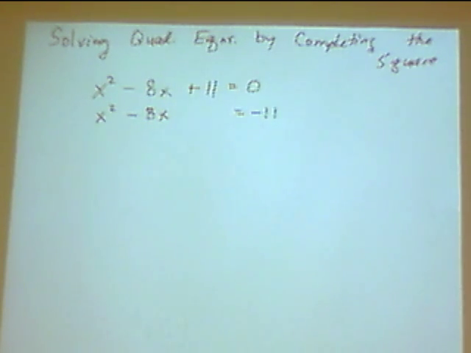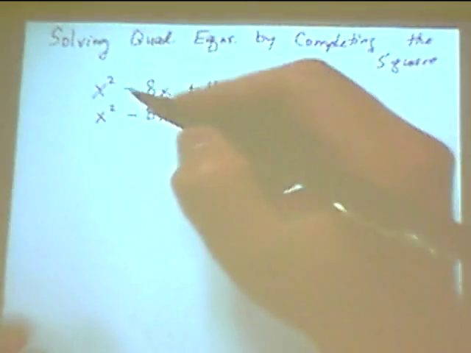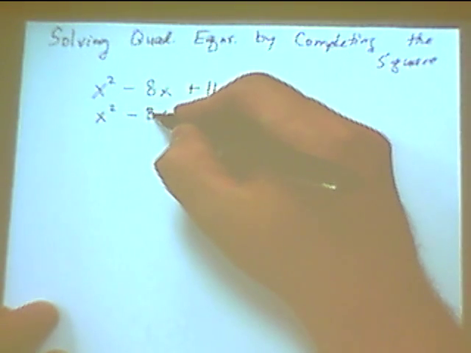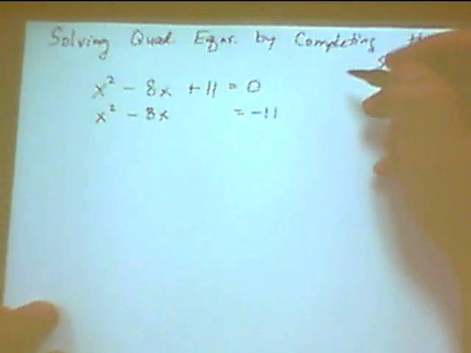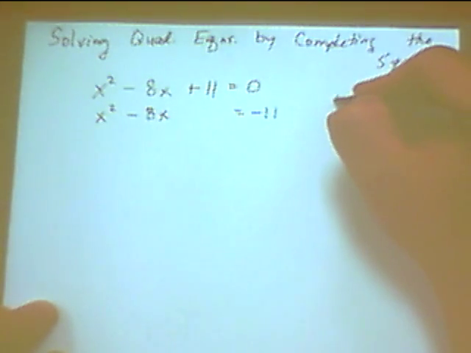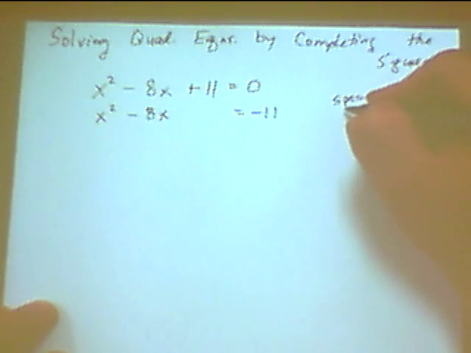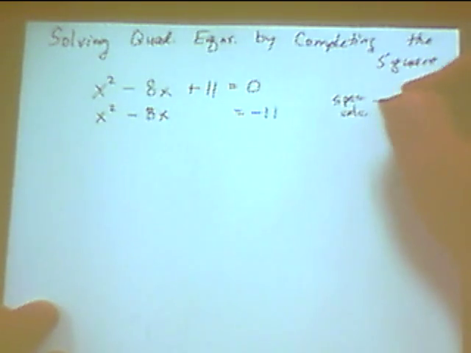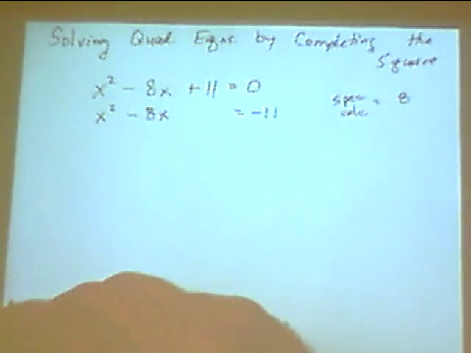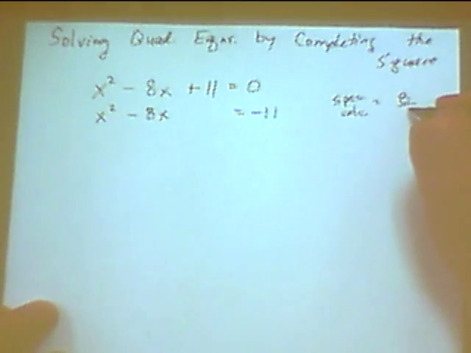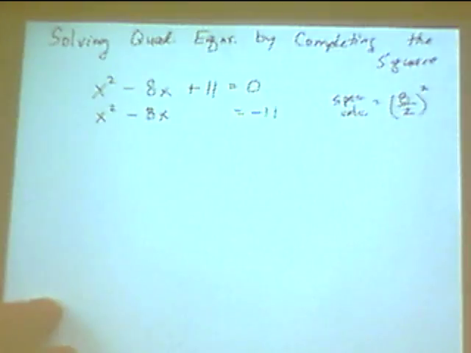Now here's where we do what I call the special calculation. You take the coefficient, the number in front of the middle term, and I don't care about the sign. I take that number, I divide it by 2, and I square it.